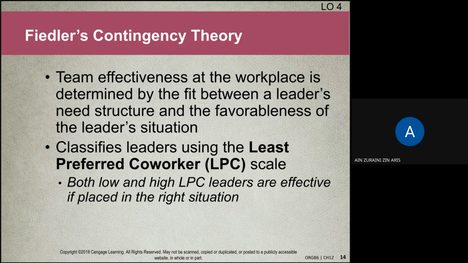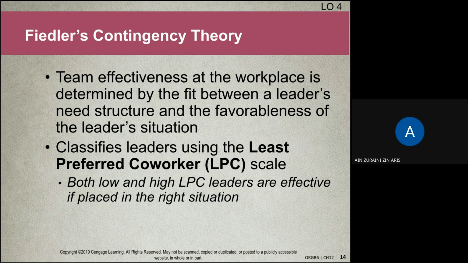The first one is leader-member relations. How much trust and respect does the leader have from their team? And then the second one, task structure. Is the task clear and well-defined, or is it unclear or unstructured?